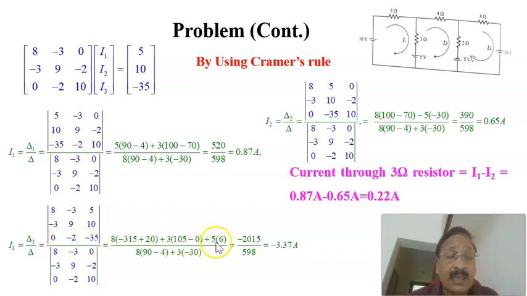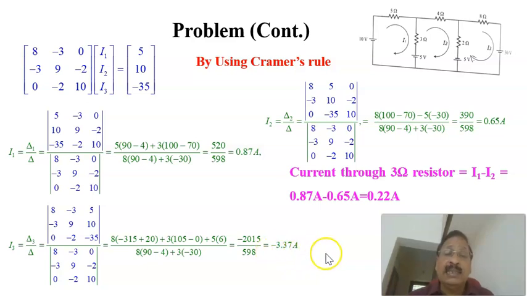And the third one, plus 5 into minus 4 plus 6. We will be getting minus 2015 divided by 598, which is equal to minus 3.37 amperes. Therefore the mesh current I3 equals minus 3.37 amperes.